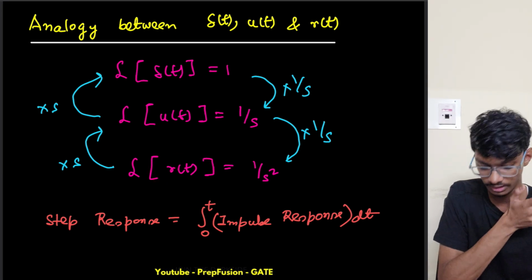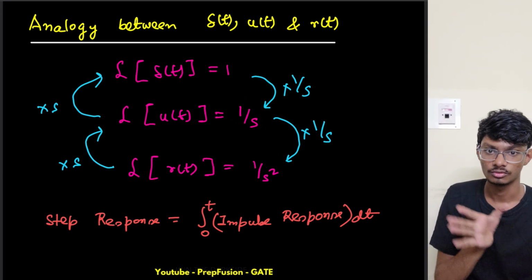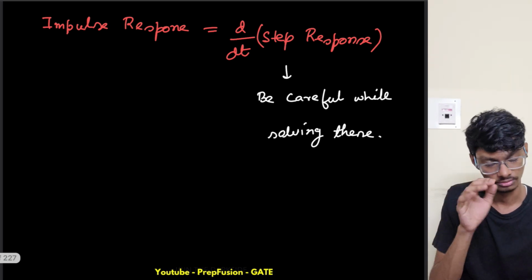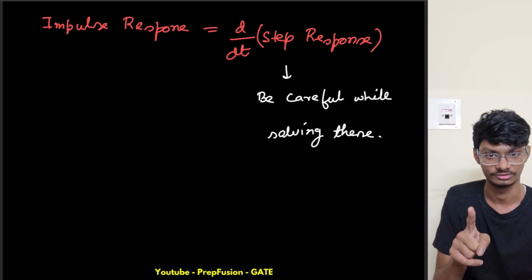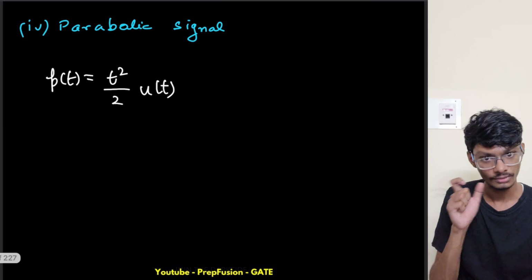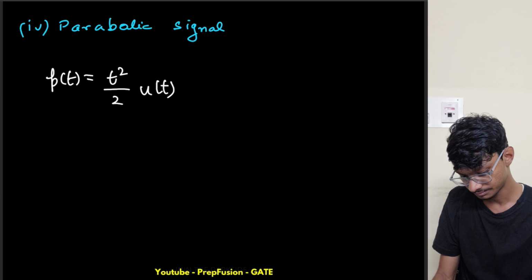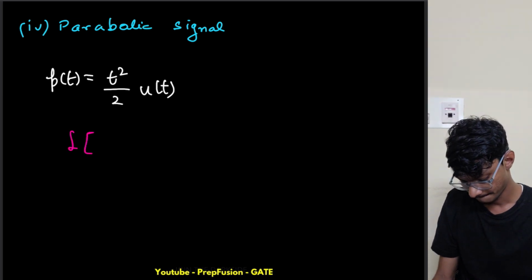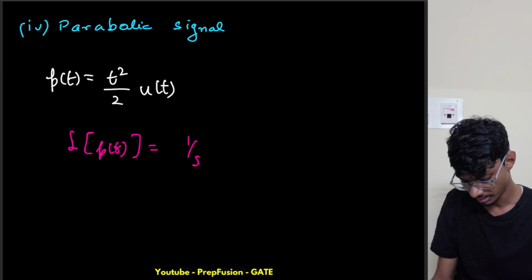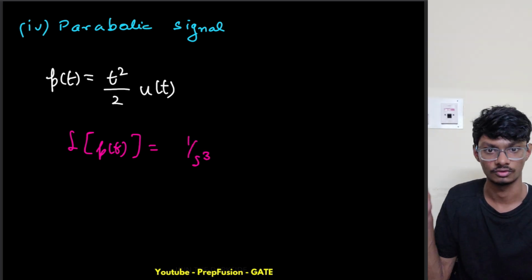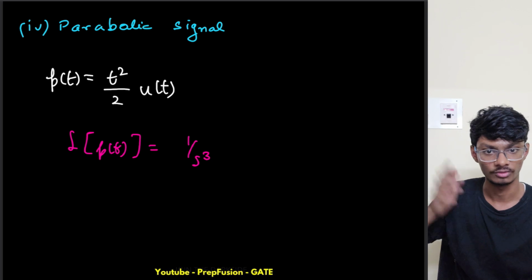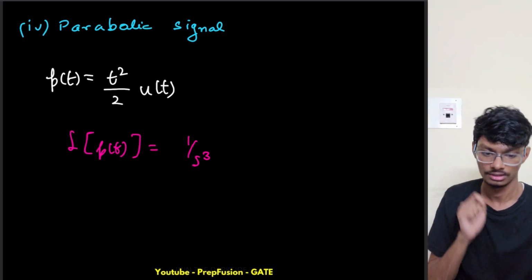You can prove it also; it is homework for you, but I have given you the analogy. So what will be the Laplace transform of this? It is 1 by s cube. 1 by s square was for the ramp, and 1 by s multiplied by 1 by s square is 1 by s cube.